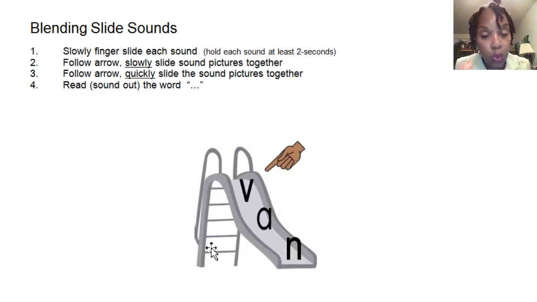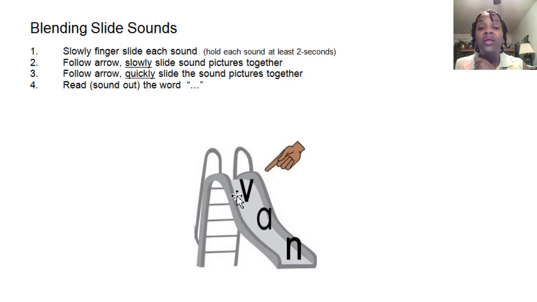So we're going to climb up the little stairs, and we're going to slide the v into the next sound, and we're going to be smooth and we're going to be cool, right? So one sound is going to blend or slide right into the next one, right? None of that choppy business, none of that. So we won't be doing this.